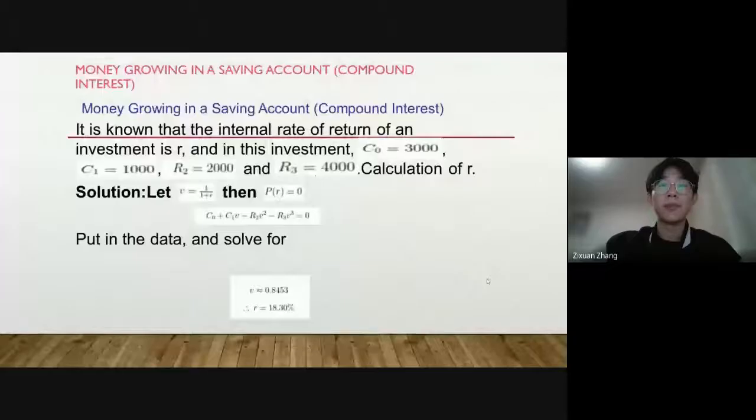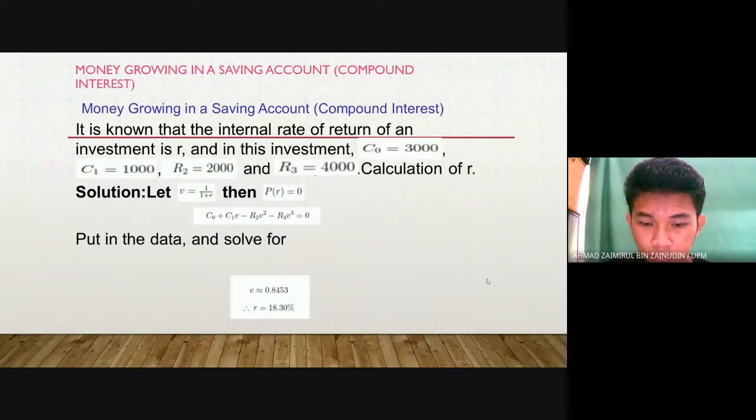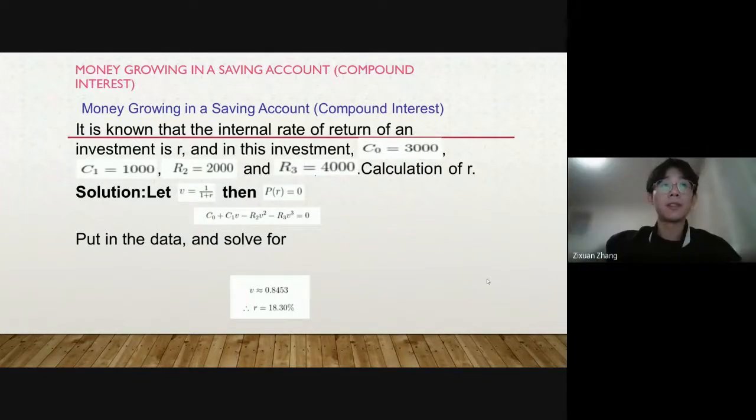Calculate P(0.09) and P(0.1). Solution: the present value Pi is calculated. We can see the answer after this. I think after my talking, you can know more about compound interest. That's all.